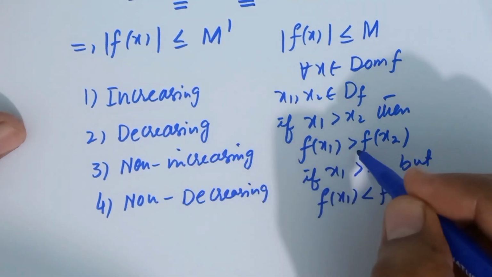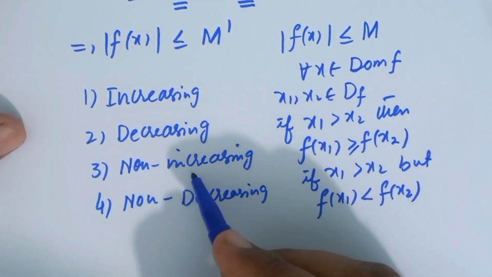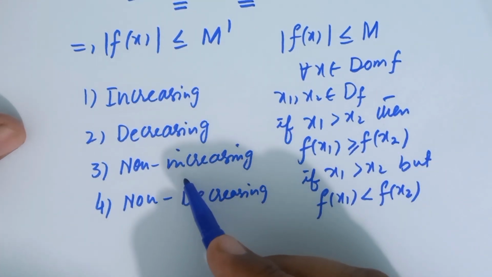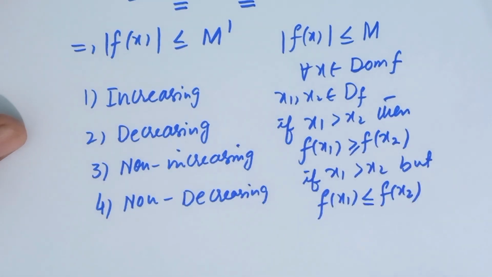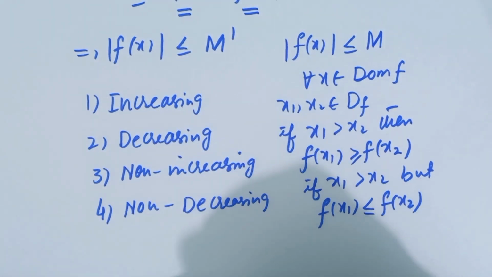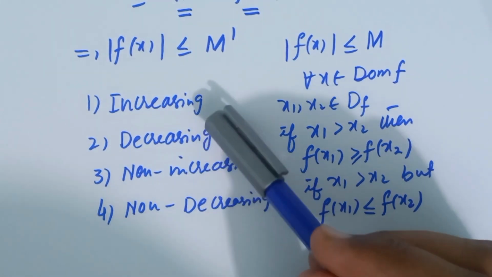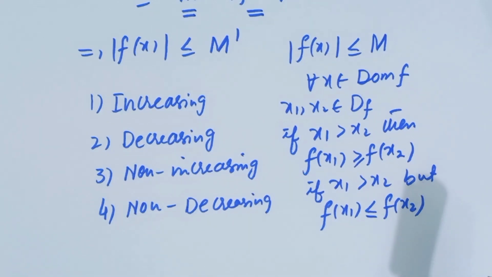So for the non-decreasing case there will be an equal sign, and non-increasing means your function is decreasing plus constant function. So if your function f is a monotonic function, that is, f is one of these types, then we need to show that f is a function of bounded variation.